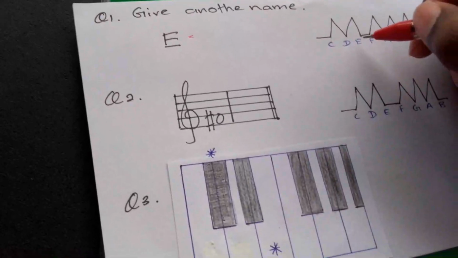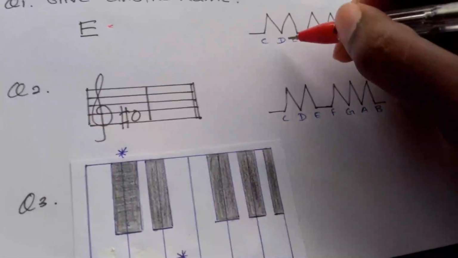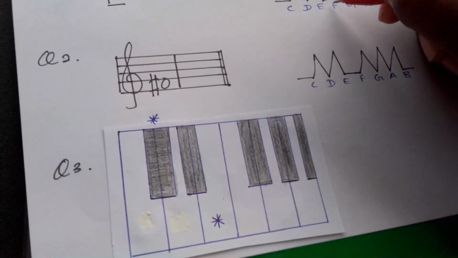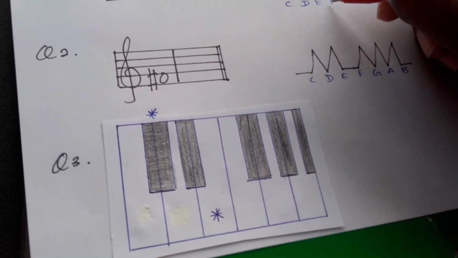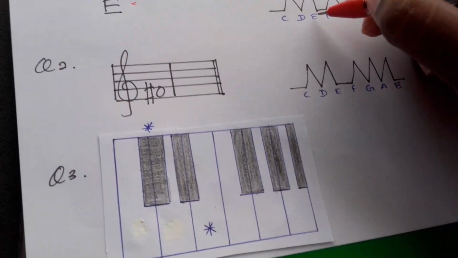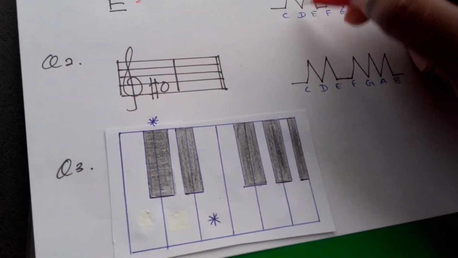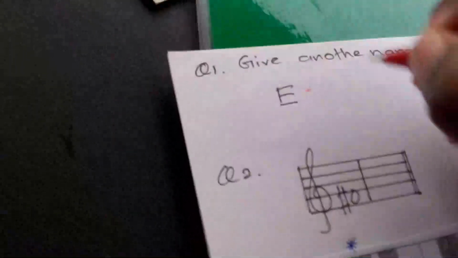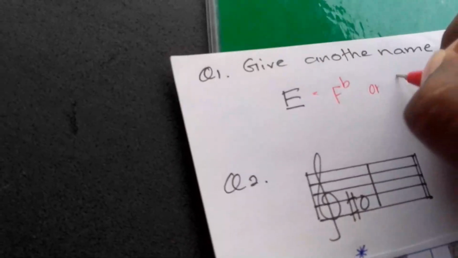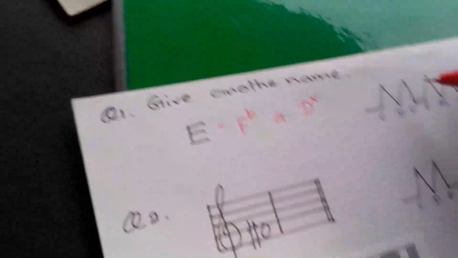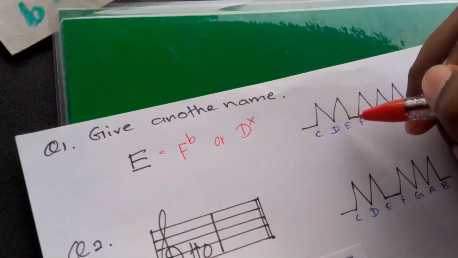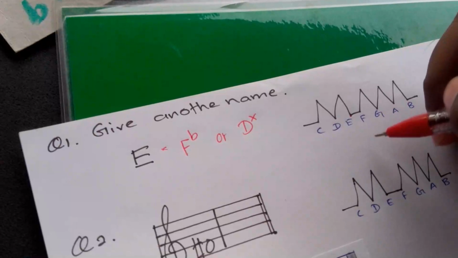You can give another name for E using D or F. This is E. You can give F flat, because you are going one semitone behind, or you can give another name as D double sharp. F flat or D double sharp. Why D double sharp? Because you are going two semitones, that is two tones forward.